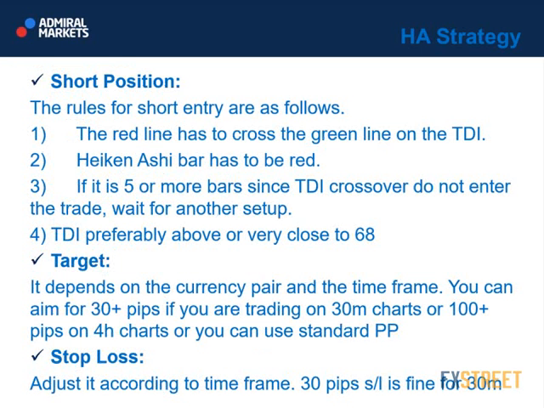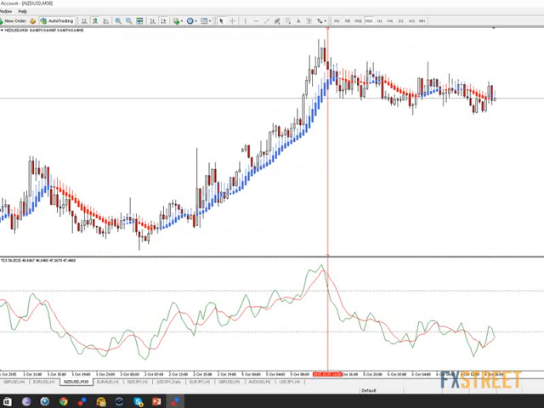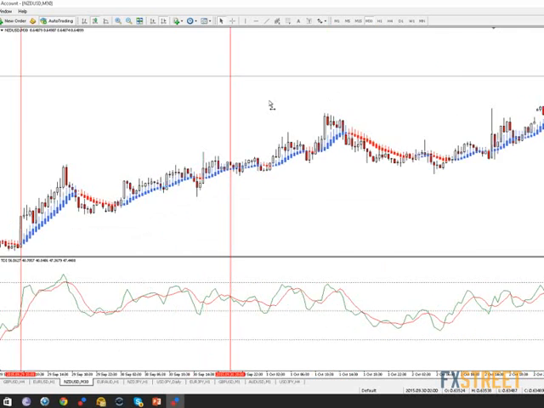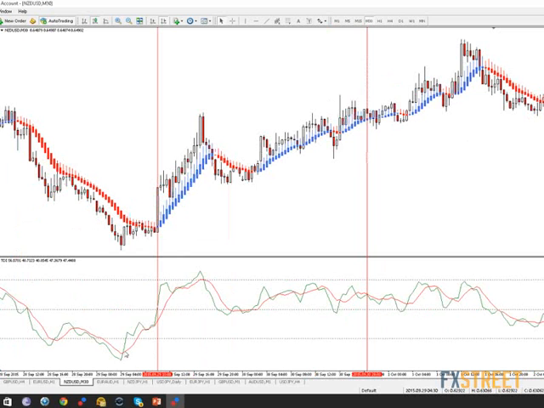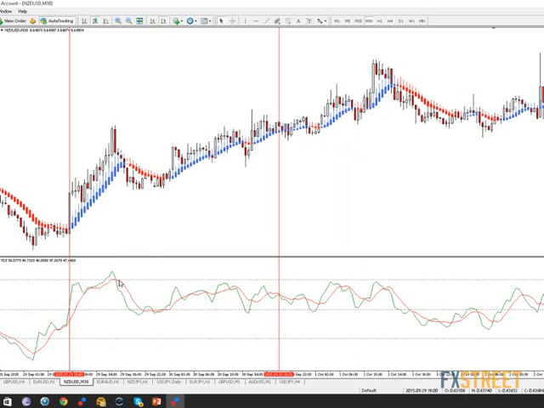This is for longs, this is for shorts, okay? And a very important thing is, always, if you want to be conservative with your trading, then you need to wait for at least very close to 32 or below 32 for longs, and for shorts above 68 or very close to 68.